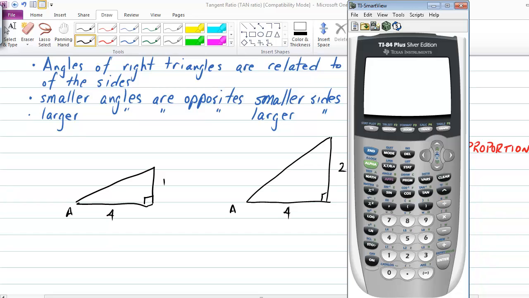And if you look on my graphing calculator right here, you will see a SIN button, a COS button, and a TAN button. Those are the buttons of trigonometry. Those are the ones we're going to push tons and tons of times. SIN stands for sine ratio, COS cosine ratio, and TAN tangent ratio, and that's the one we're going to look at today.